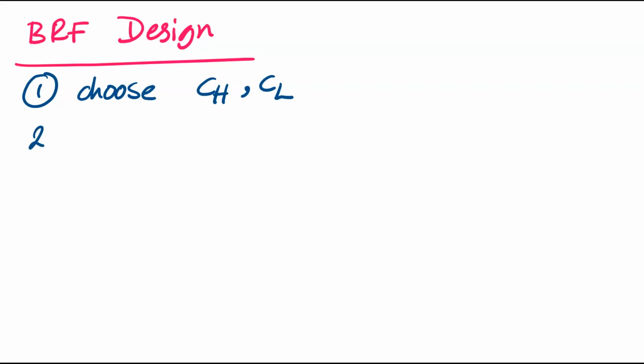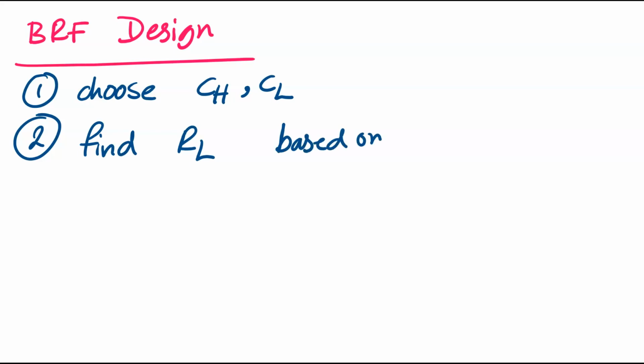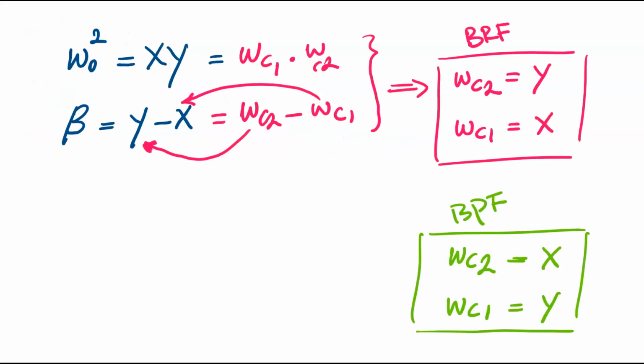Step 2 is finding RL based on the desired omega C1. I want to refer to the previous slide. Omega C1 for the band reject filter is related to the cutoff frequency of my low pass filter, and the cutoff frequency of the low pass filter is equal to 1 over RL multiplied by CL.